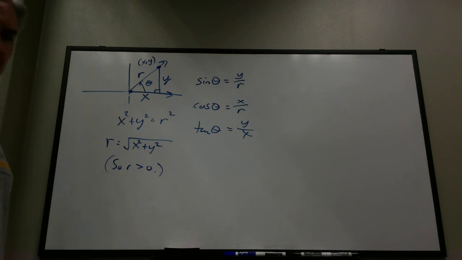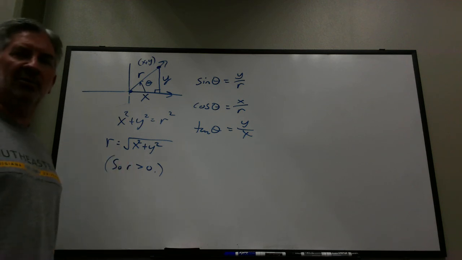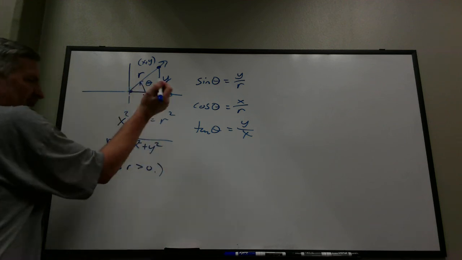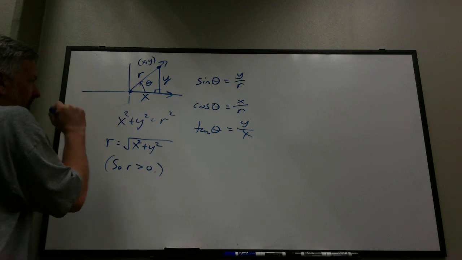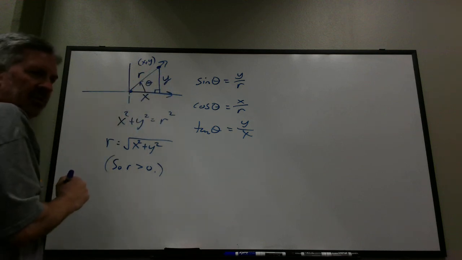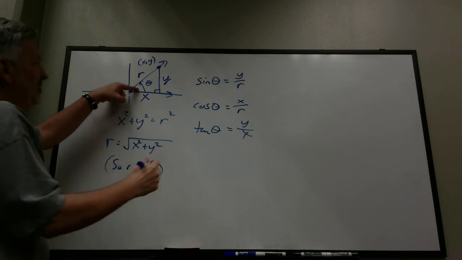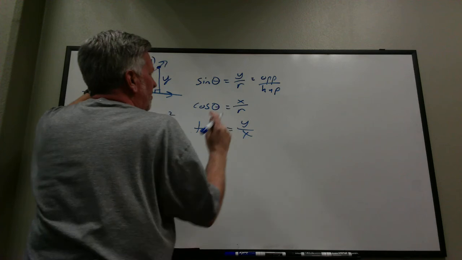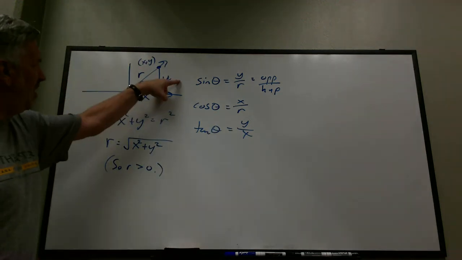Now notice in the notes, I have added some extra words there because we've already learned trig functions for acute angles, right? So remember what sine was in the previous section. Sine was opposite over hypotenuse. If you apply that definition here and think of sine just like we did before as opposite over hypotenuse, what do you get? y over r.